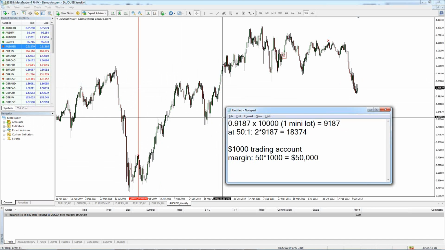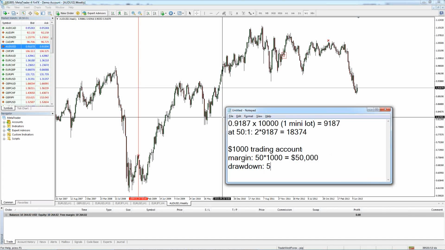If the market goes against me 500 pips, that's $500, which at 50 to 1 is actually times 50. So in your margin, that is 25,000 in margin drawdown that you have to account for.